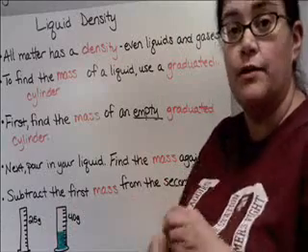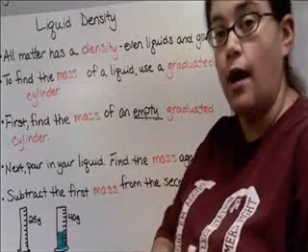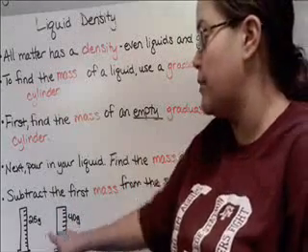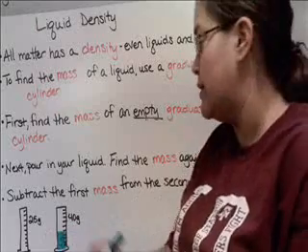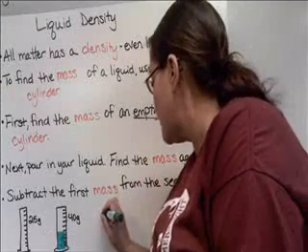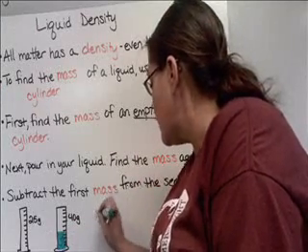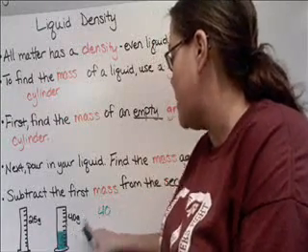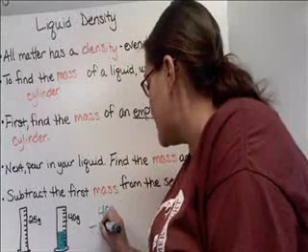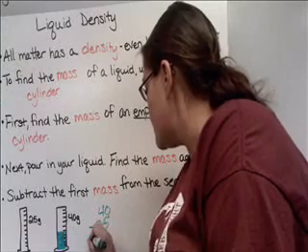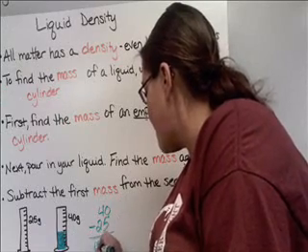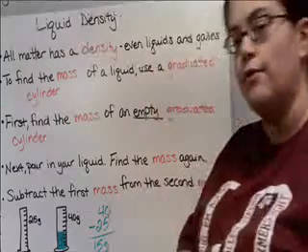So it's very similar to when we found the volume of the rock. It's just now we're finding the mass of our liquid. So you're going to subtract the first mass from the second mass. So our second mass minus our first mass. And make sure you always put your label.